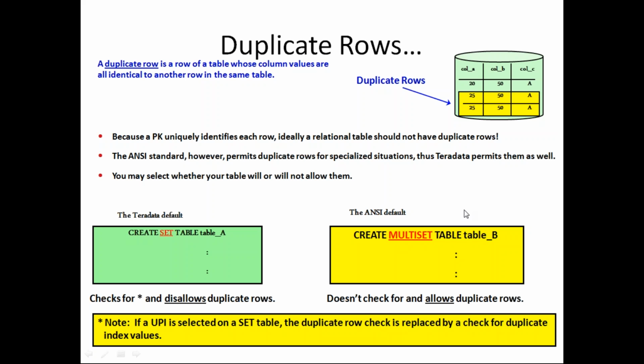Coming to the multi-set table, the multi-set table allows all the row level duplicates, so there are no conditions at the row level. If you put a unique primary index, there will be a condition there at least when it populates the data.